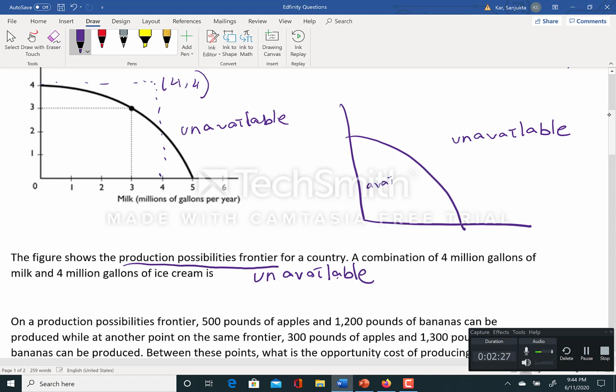Anything which is inside will be available but inefficient, and anything on it is going to be available and efficient.